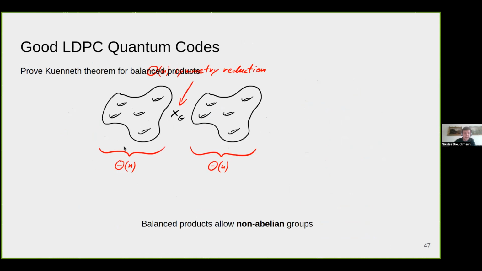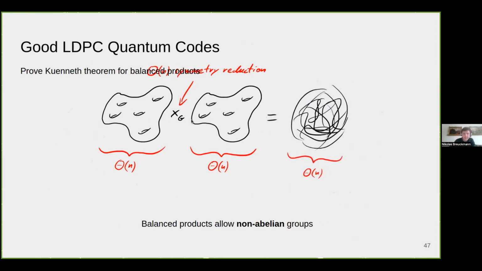So here we take two good input codes, two expander codes, and instead of factoring out a subgroup, we factor out the full symmetry group. Now these are 2-dimensional spaces, and we take the product and then factor out this full symmetry group, and we obtain some horribly twisted 4-dimensional space.